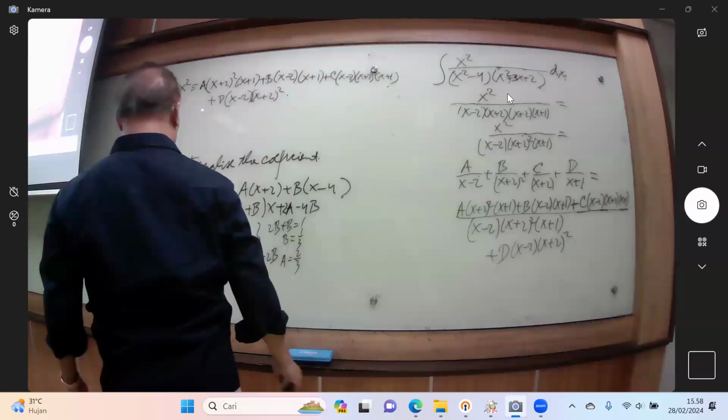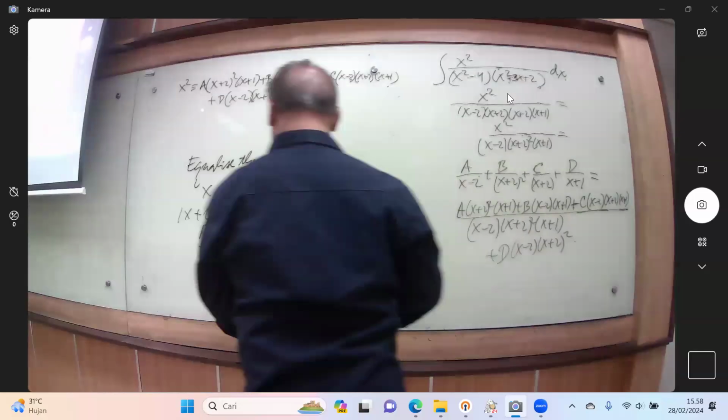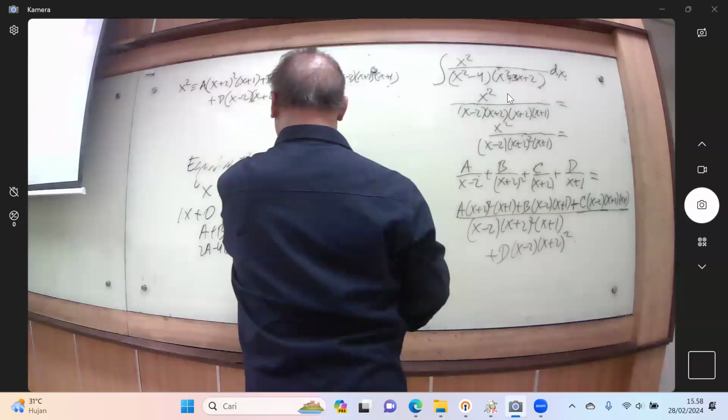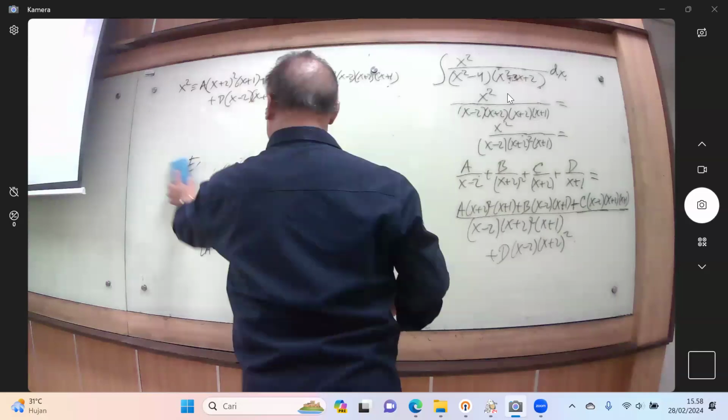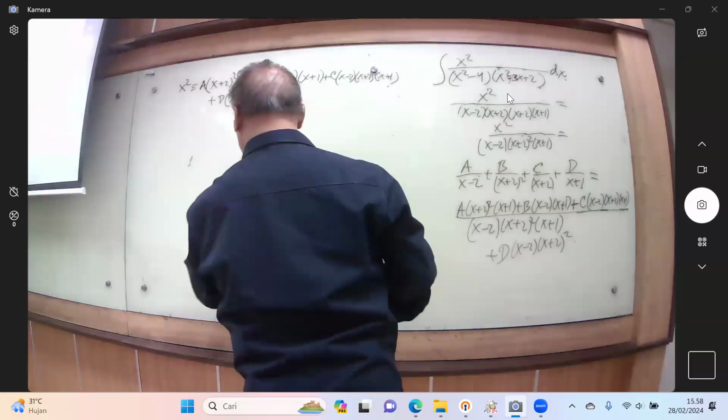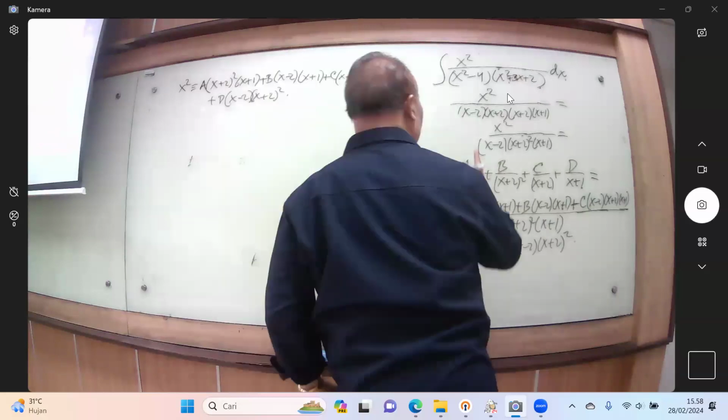Now the value to be considered is, let's say, the root of the equation. So the roots of this one are 2, minus 2, and minus 1. So try with the root.